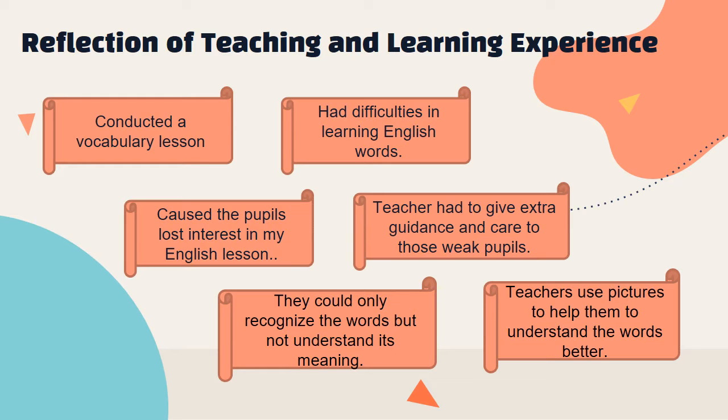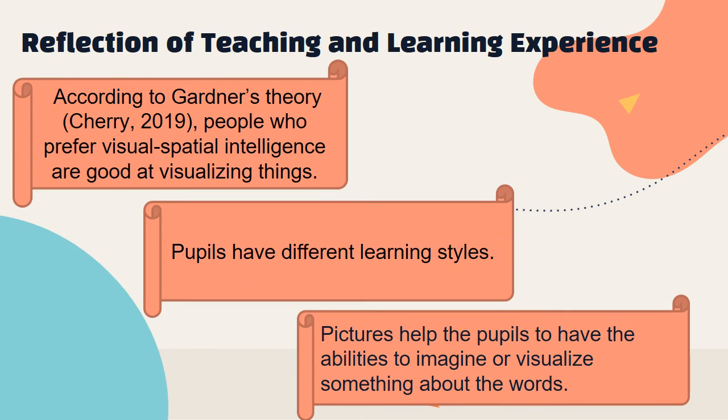Besides that, as a teacher, I have to give extra guidance and care to those weak pupils. I also use pictures to help them understand the words better. I have to give extra and simple explanation in order to let the pupils work on the worksheet.